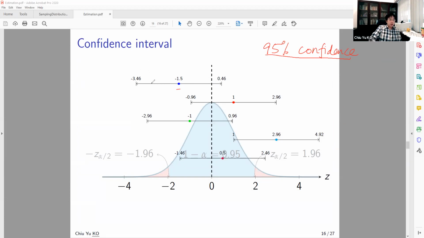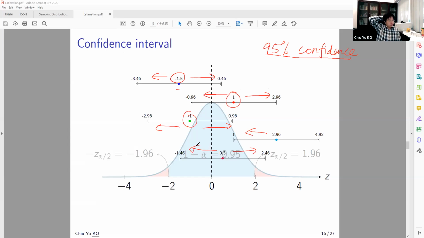The sample mean is this number, the normalized sample mean, and then you can give this confidence interval. Another sample you construct, it will do the same. Another sample you construct, we will do this, and you construct many of them.